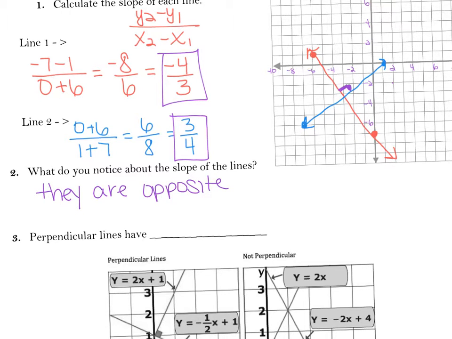And then if I look at the fraction, they both have a 4 and 3, but they're reciprocals. So if you recall, I'm going to write they are reciprocals. And if you recall, a reciprocal is just our fraction flipped.